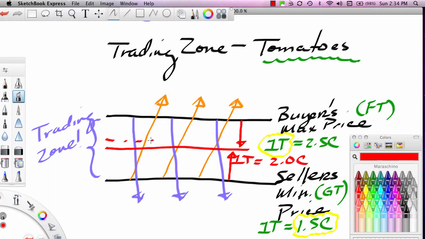Actually, any exchange rate in this zone, whether it's above 2C or below 2C, is going to result in mutually advantageous trade for both the buyer and the seller.